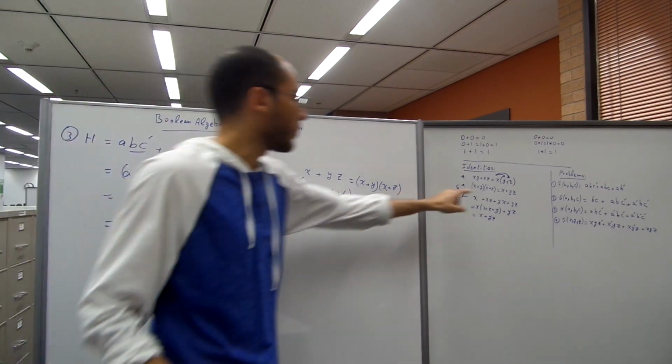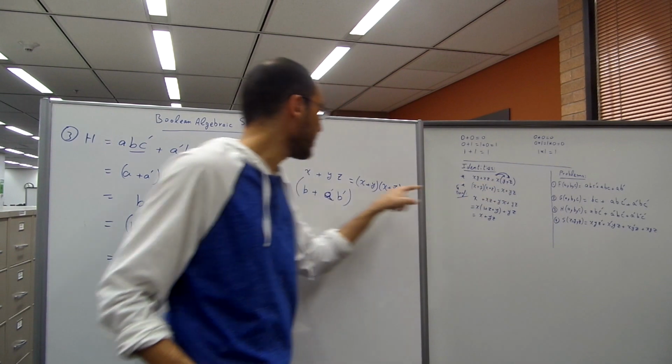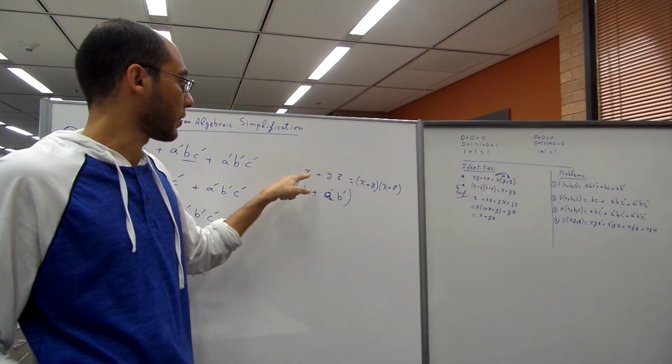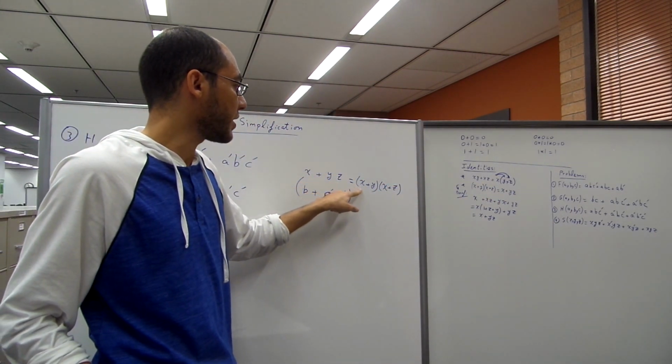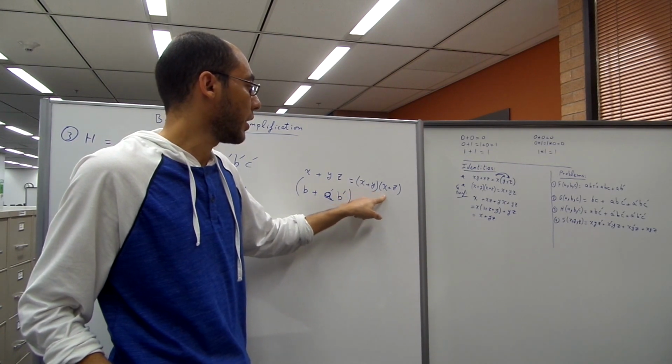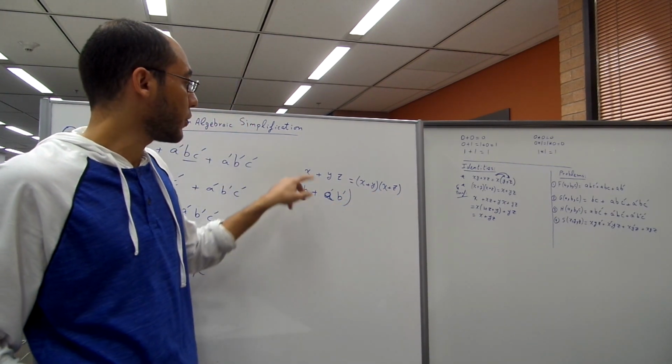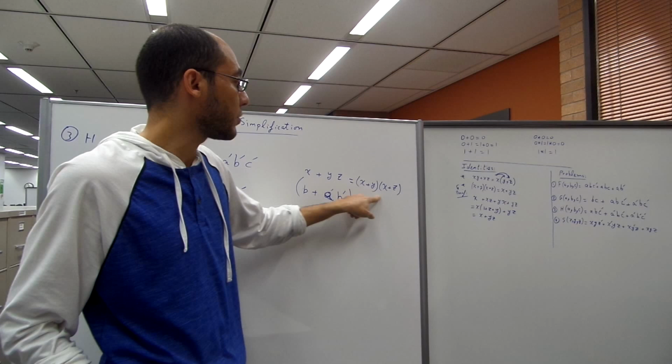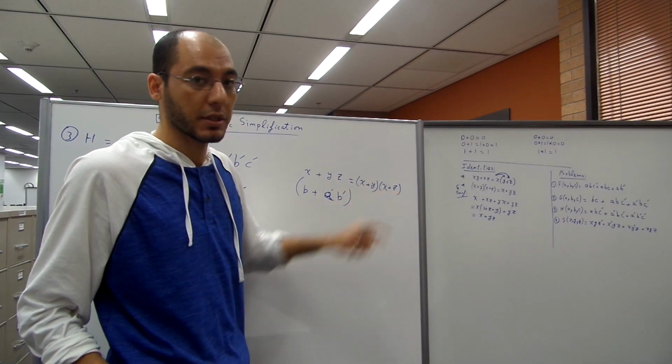Okay, so I've written out this identity here: x plus y z equals x plus y, x plus z. So whenever you find x plus y z, you could replace it with x plus y, x plus z.